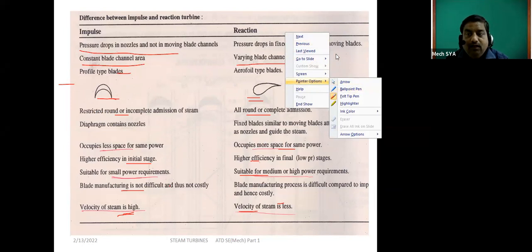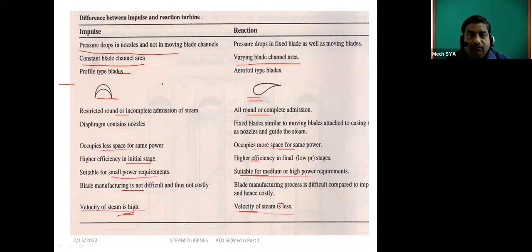The impulse turbine has a symmetrical, constant blade channel area, because the blades are symmetrical; the reaction turbine has a varying blade channel area, because the blades are asymmetrical, aerofoil shaped. Impulse turbines have restricted, incomplete admission of steam, while reaction turbines have all-round, complete admission. The diaphragm contains the nozzle. In the reaction turbine, fixed blades are similar to the moving blades, so the fixed blades also act as nozzles, and throughout the stages the pressure decreases and velocity increases.